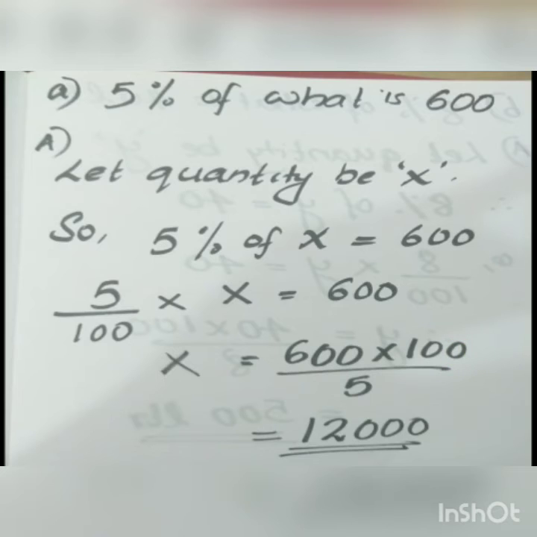Now either you multiply 600 into 100 and divide by 5, or you can cancel the common factors. Here 5 and 100 have common factors. So 5 in 100 how many times? 20. So 600 into 20 you will have 12,000. So what is the quantity here? 12,000. So 5% of 12,000 is 600.